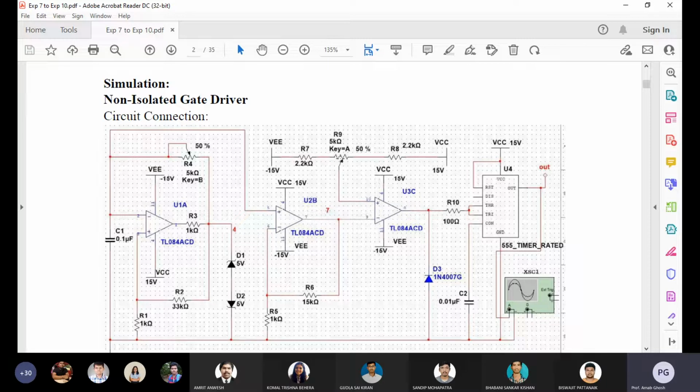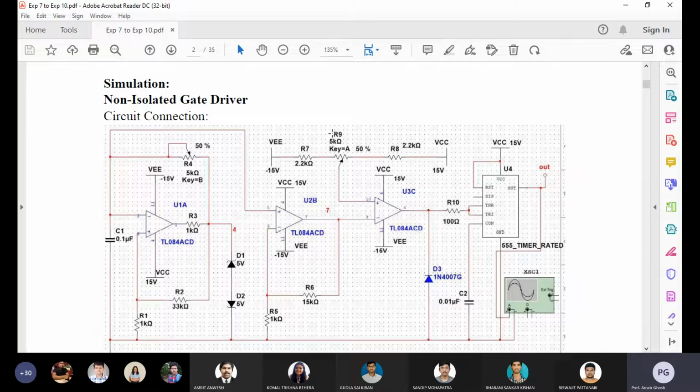I will get an almost fixed, slowly varying DC voltage, as in voltage mode control. That voltage will be generated by this pot circuit.